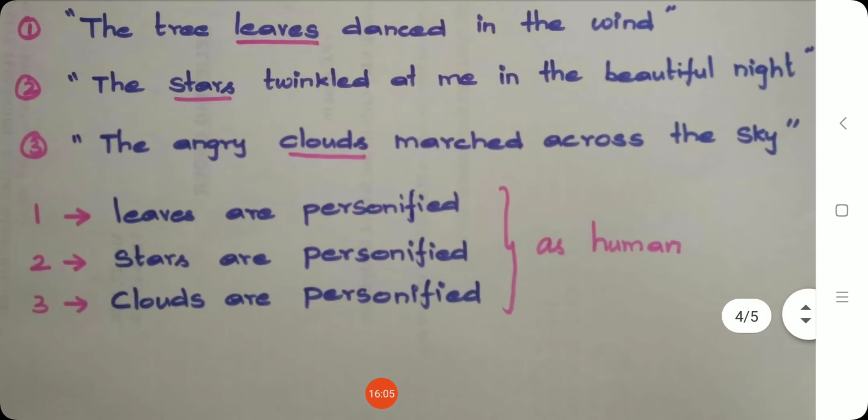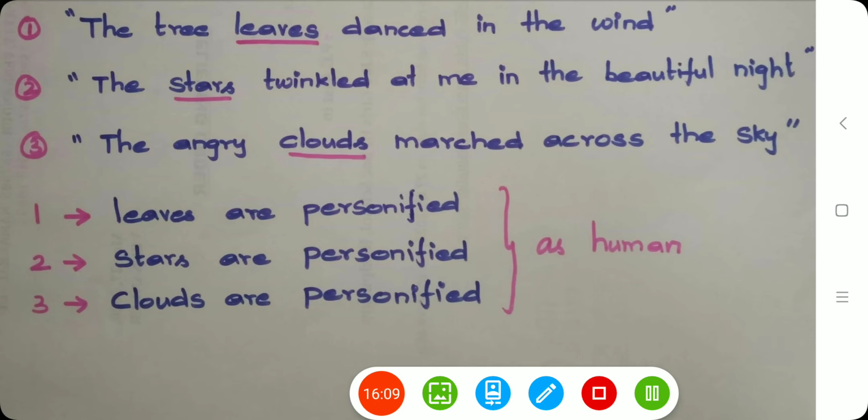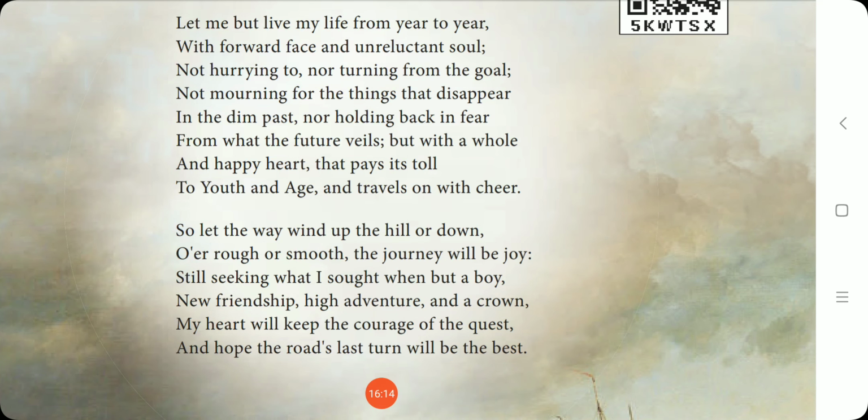Now let us see what are all the examples of personification given in the poem. In the poem Life, the examples of personification are from what the future wails. Can the future wail? What is the meaning of future wails?